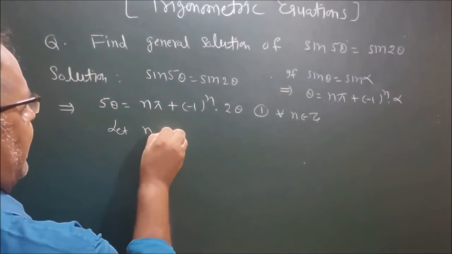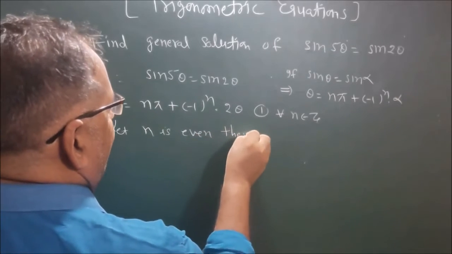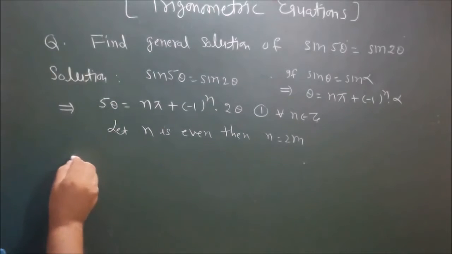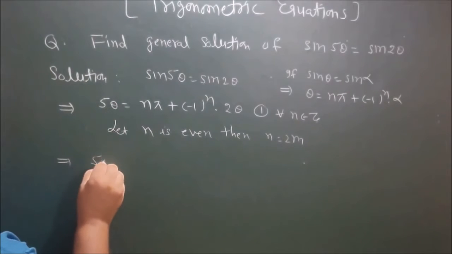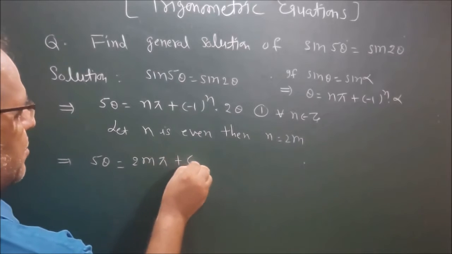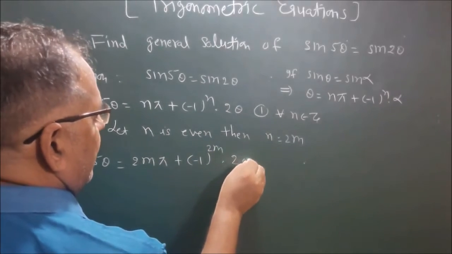Okay, so let n be even. Then every even number can be written in the form of 2m. So now the solution becomes 5 theta equal to 2m pi plus minus 1 to the power 2m into 2 theta.